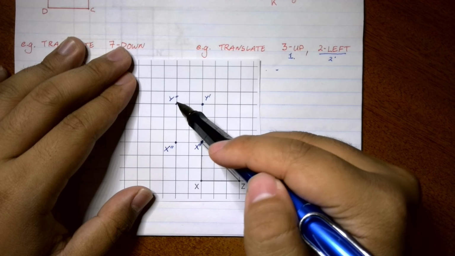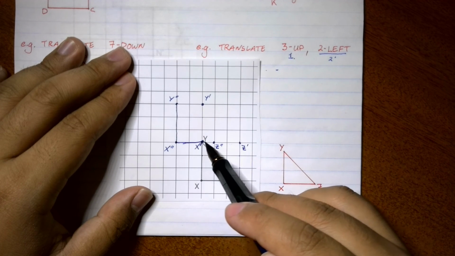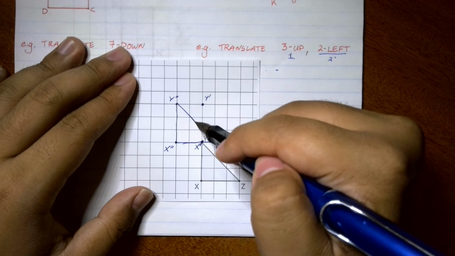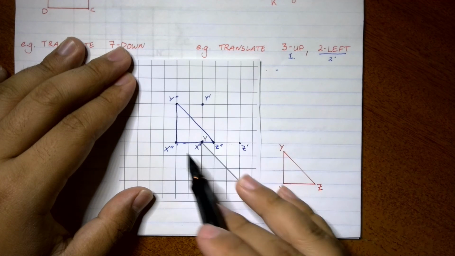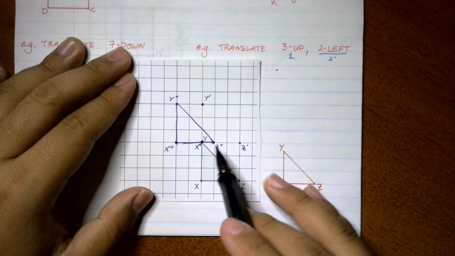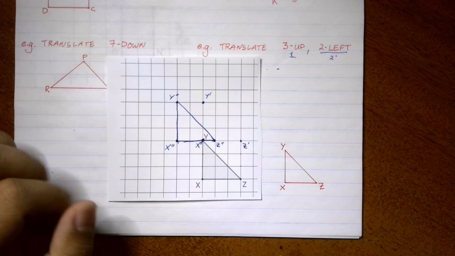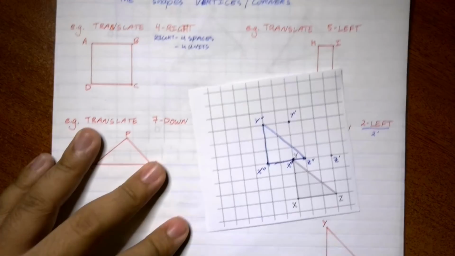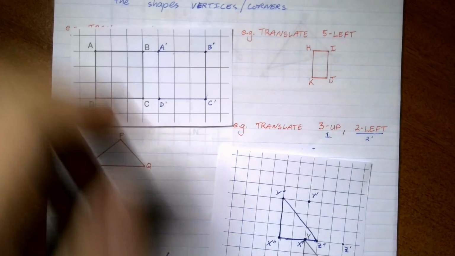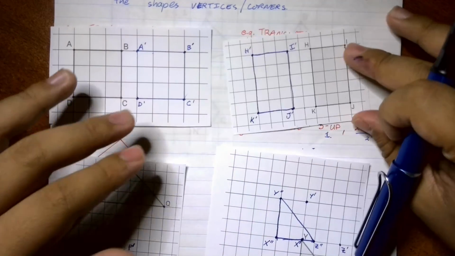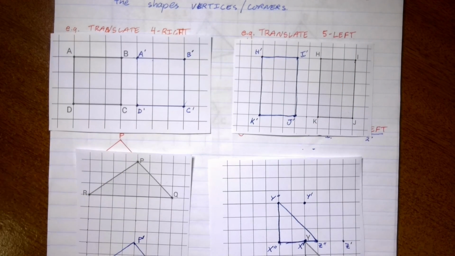And now, joining only all the points that have 2 dashes, there is our translation of 3 up and 2 to the left. Now I hope that gave you an insight into the translation of shapes. Best of luck.